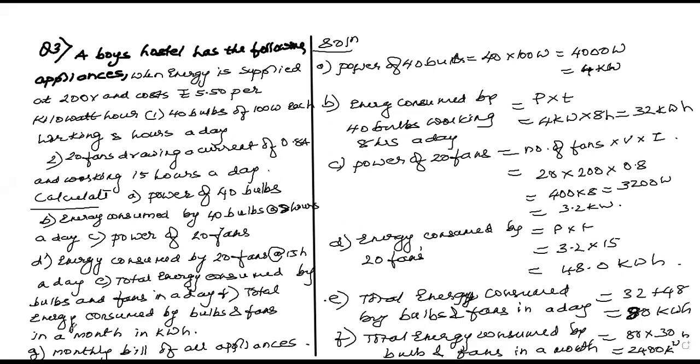Okay, remember this. Now, monthly bill of all the appliances, I'll just write it here. Therefore, monthly bill of all appliances, the G part, you can see it here, children.